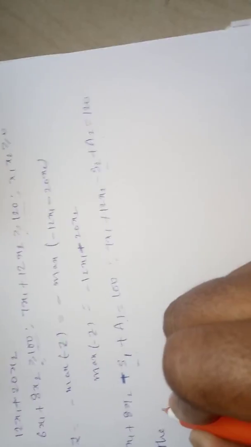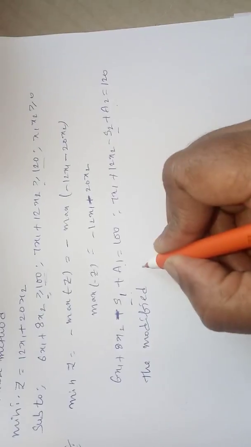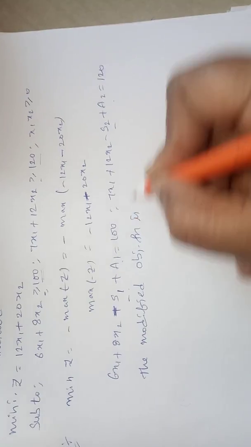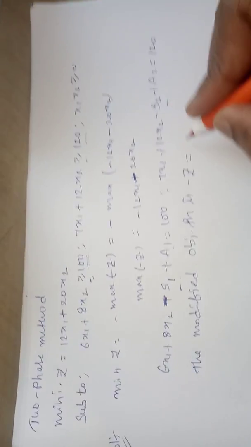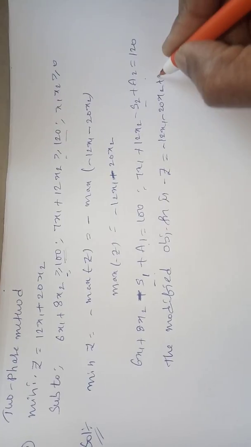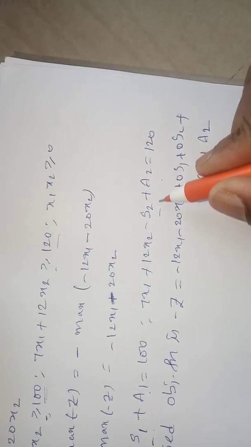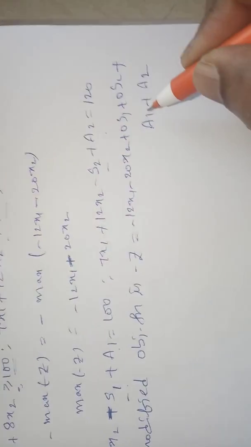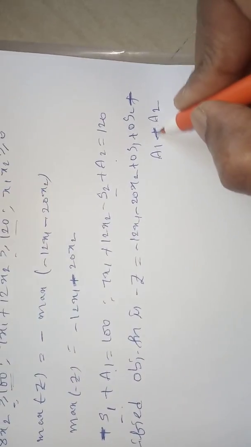Then the modified objective function is, as usual, minus z equals minus 12x1 minus 20x2 plus 0s1 plus 0s2, and the artificial variables become negative: minus a1 minus a2.